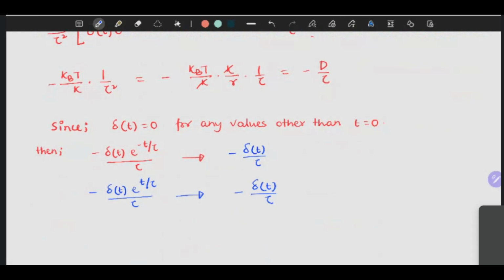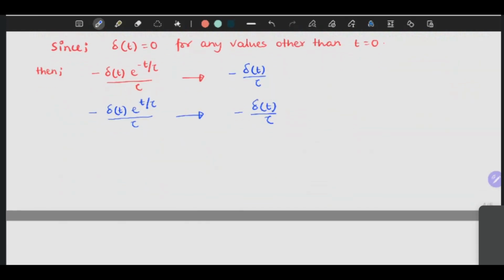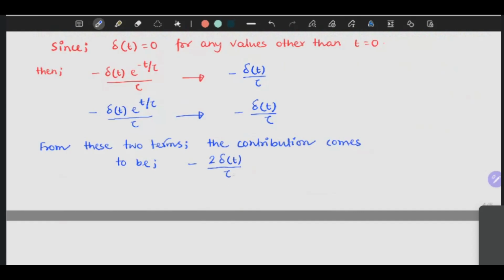Then from these two terms the contribution comes to be minus 2 delta t by tau.